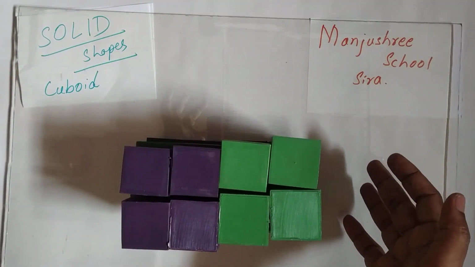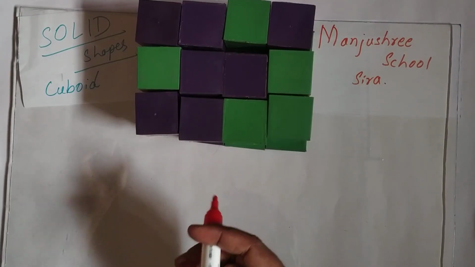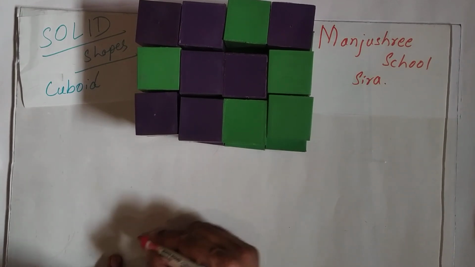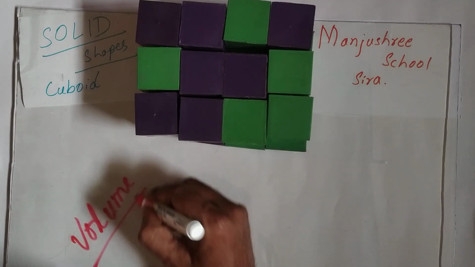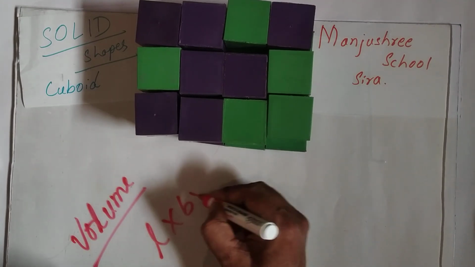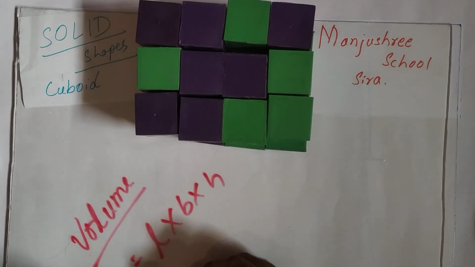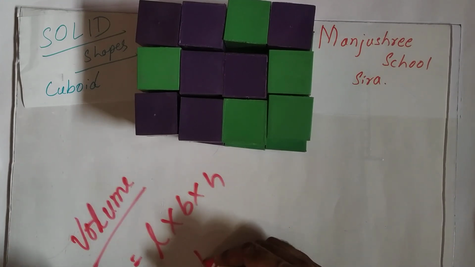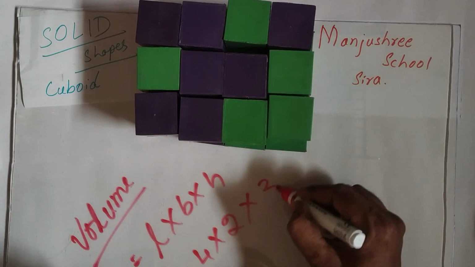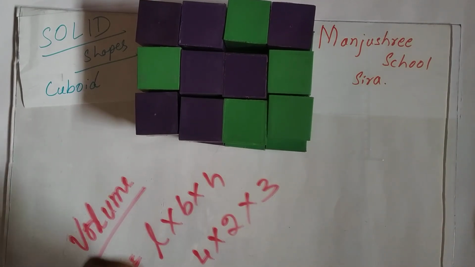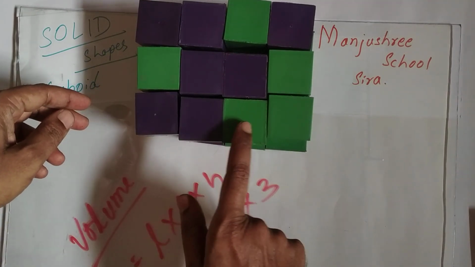The volume of this is length into breadth into height, that is, length is 4, breadth is 2, height is 3. Again I am going to recheck that. You can see 1, 2, 3, 4.